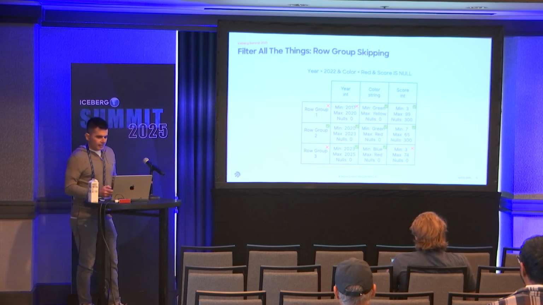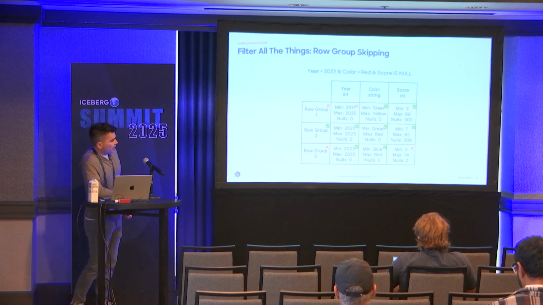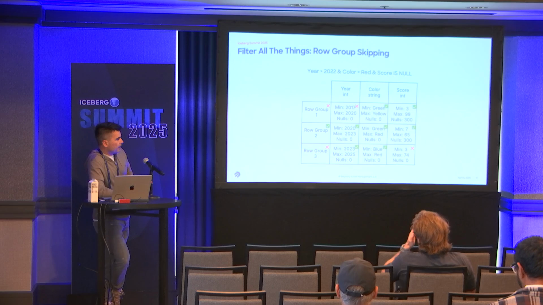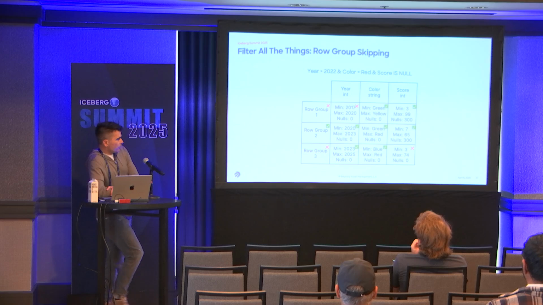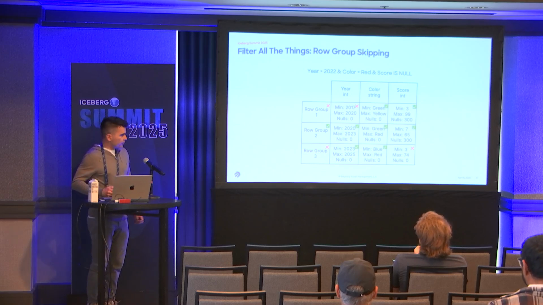So in cases where the stats indicate that no possible rows could match, like in row group 1 and row group 3 here, you can skip those row groups entirely, and since you can do range queries on S3 and other object stores, you can skip directly to just the row groups that can possibly contain data, avoiding those fetches entirely.